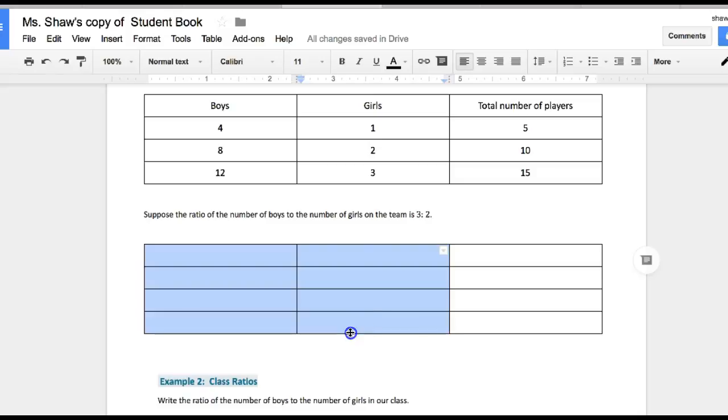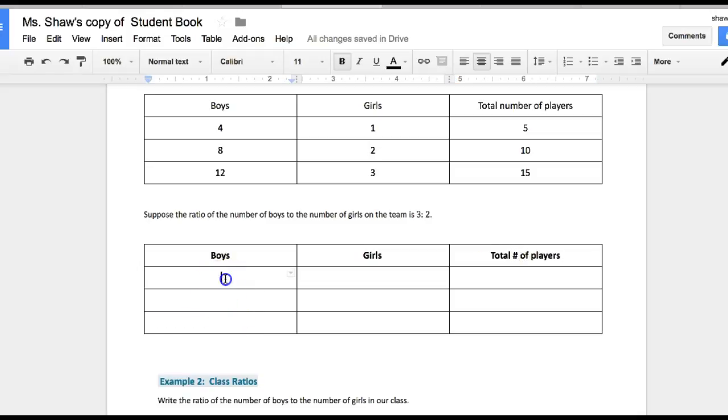Let's change it and see why we can't really call this one a multiplicative comparison. So we'll put boys. It's boys to girls, and that order is very important in how we write it. If it says boys first, we need to write boys first. If it says girls first, we need to write girls first.